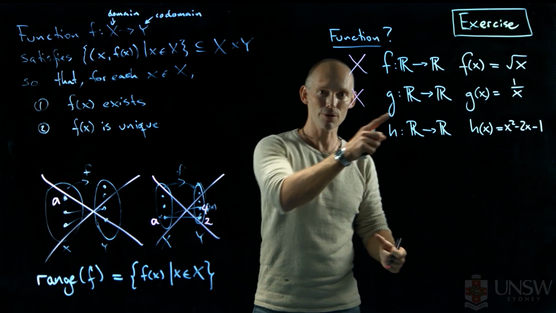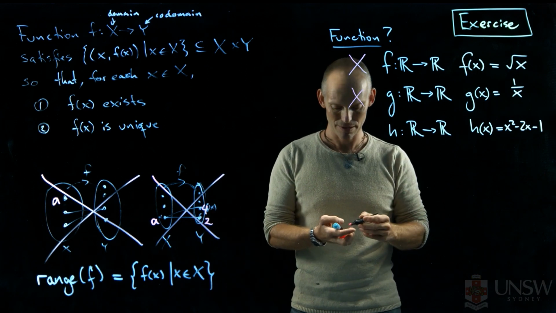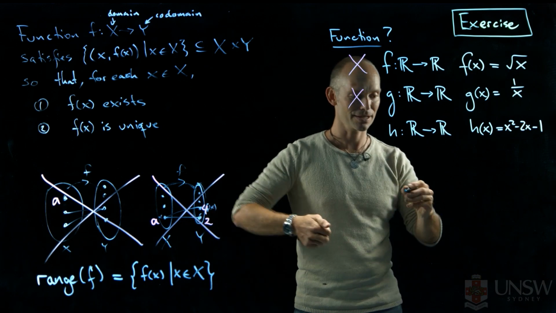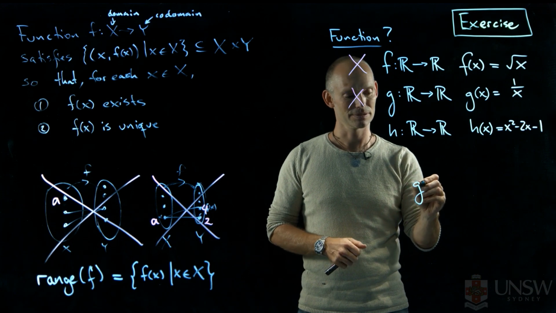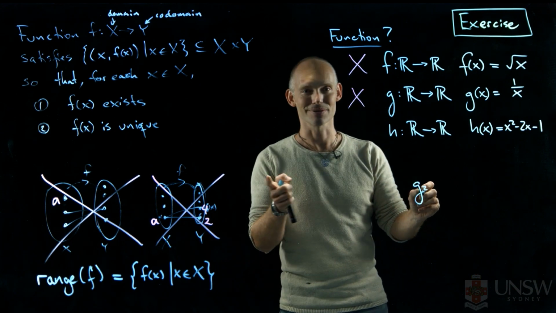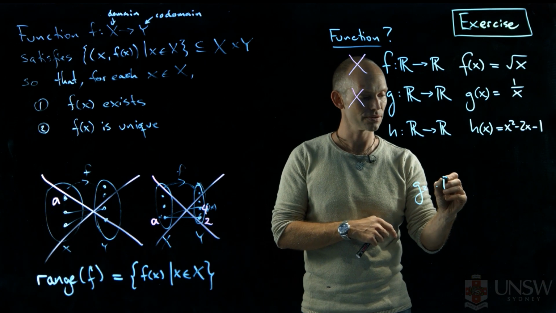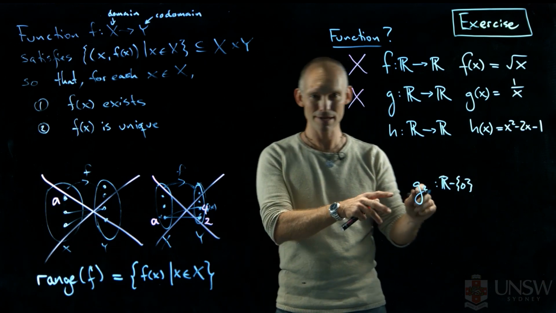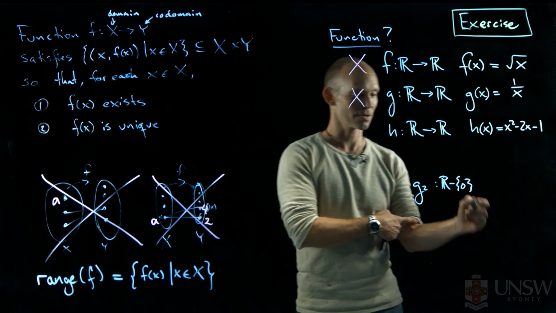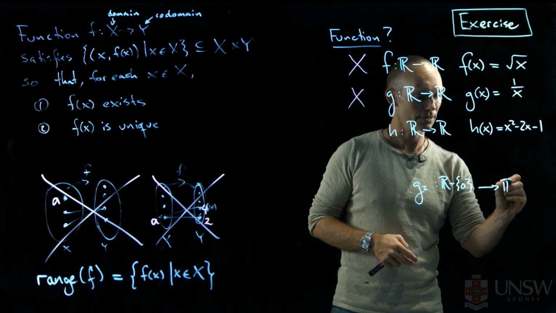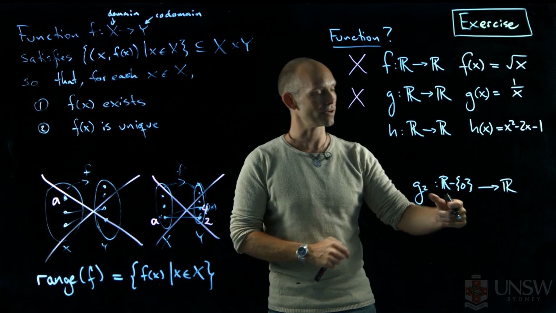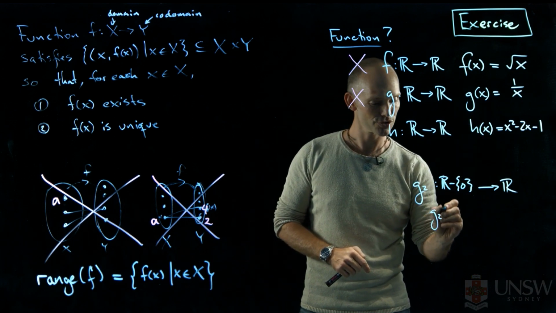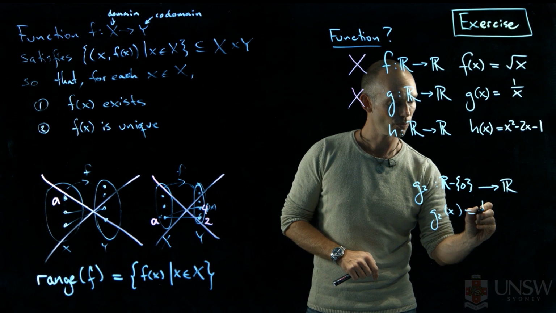Now, if we did modify it a little bit, if we had g2, modified to be a function on the reals minus the 0, so we're carefully removing that exception, and we let the codomain be the same, that's fine. And now we define g2 of x to be equal to 1 over x.